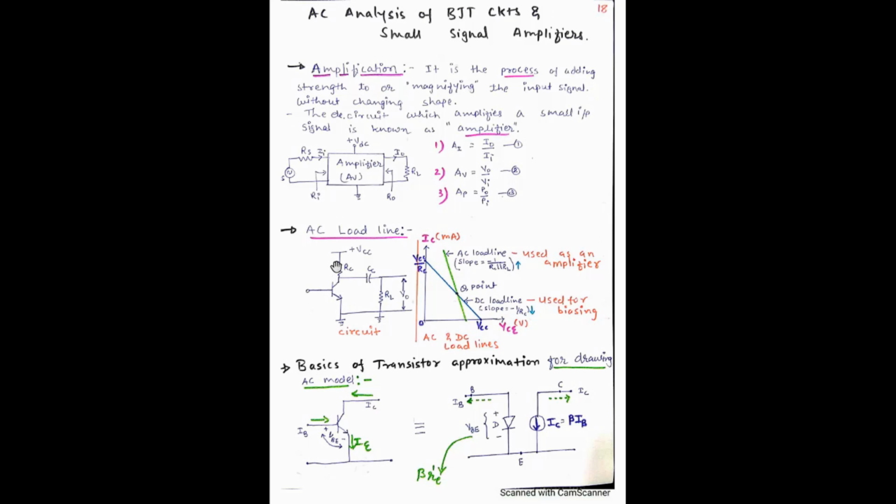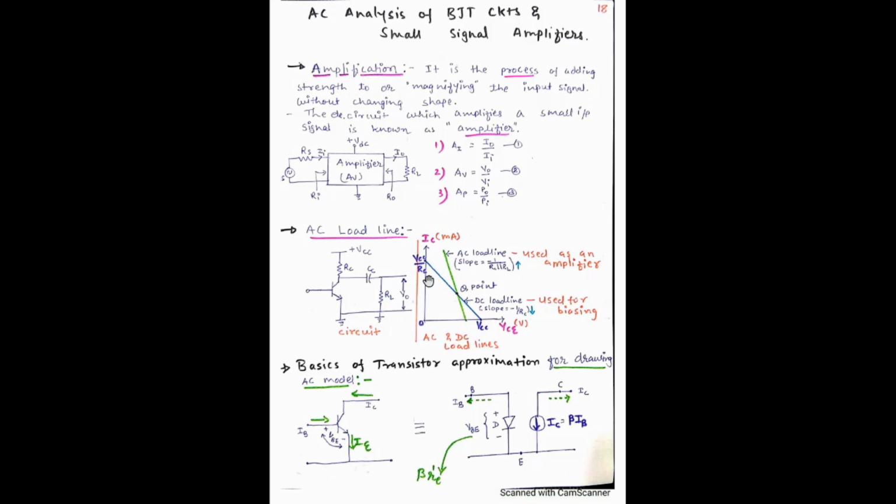This is the collector resistance RC. Plus VCC battery, the external supply, is applied through RC to the collector. A load resistance RL is connected through a coupling capacitor CC. And we are collecting the output Vo from these two terminals as shown in the figure.